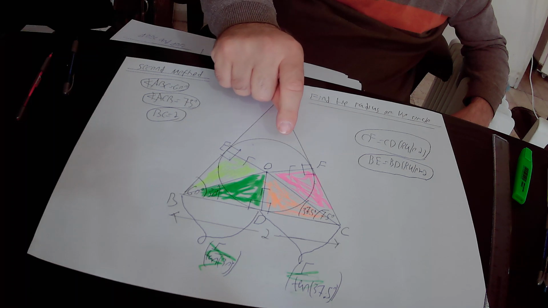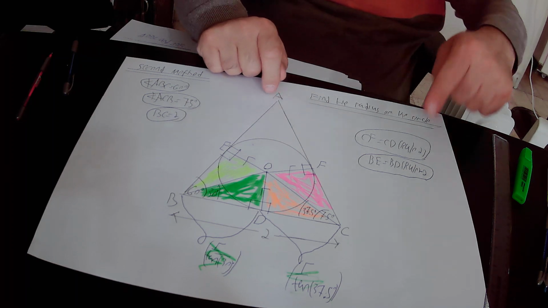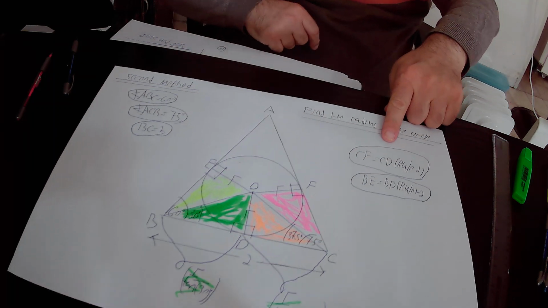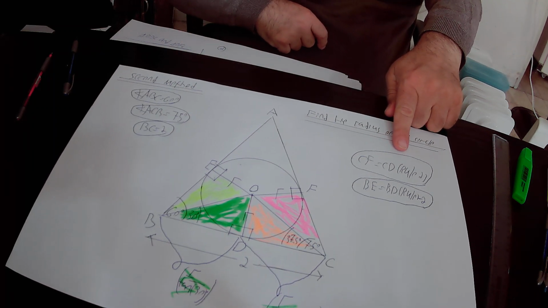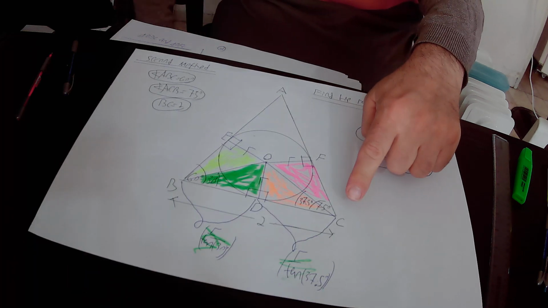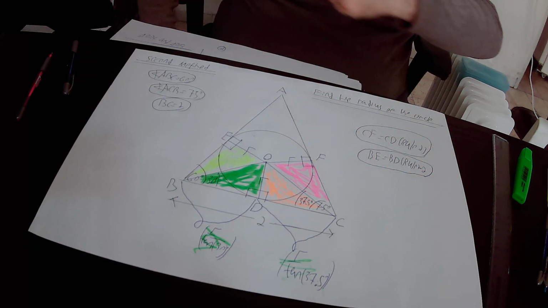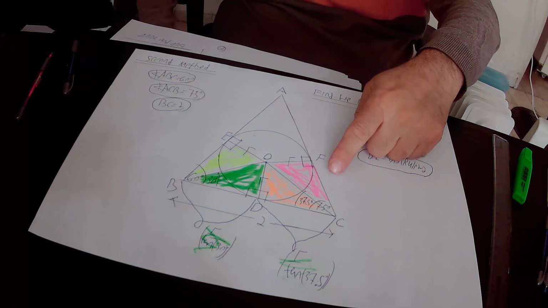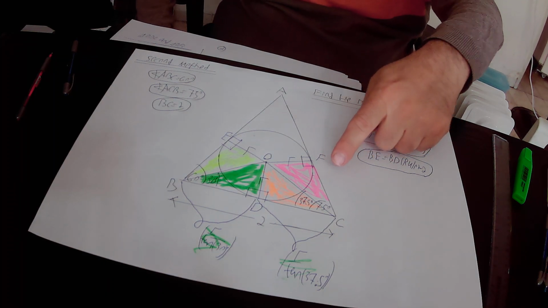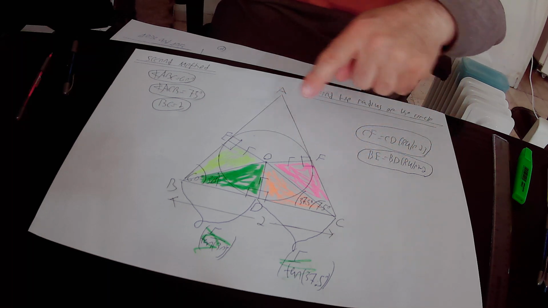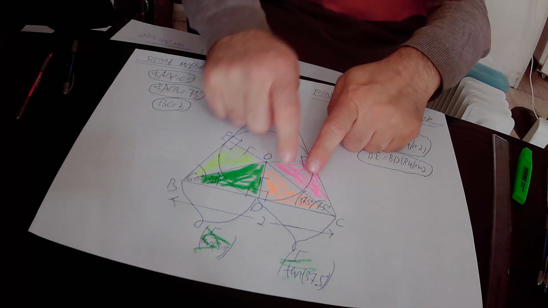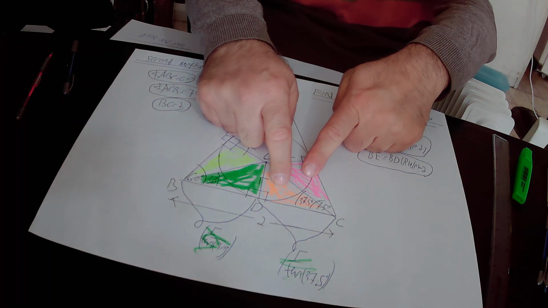In addition, CF equals CD according to rule number 2. And finally, CO is a common side that belongs to both triangles, so CO equals itself. So I prove that all three sides of the right orange triangle OFC are correspondingly equal to all three sides of the right orange triangle ODC. Therefore, those two right triangles are congruent according to the side rule.